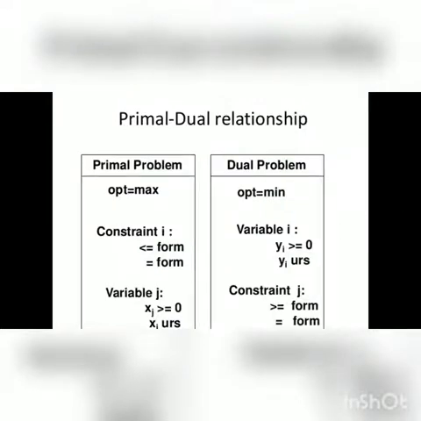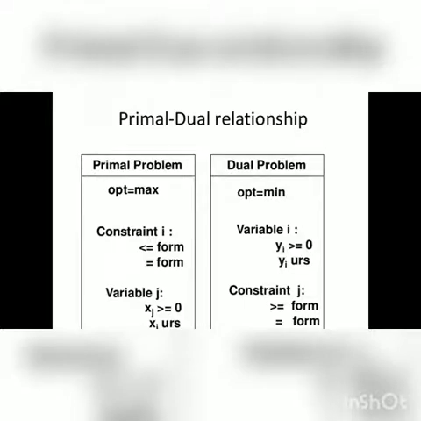In the primal-dual relationship, the number of constraints in the primal problem is equal to the number of dual variables, and vice versa. Second, if the primal problem is a maximization problem, then the dual problem is a minimization problem.